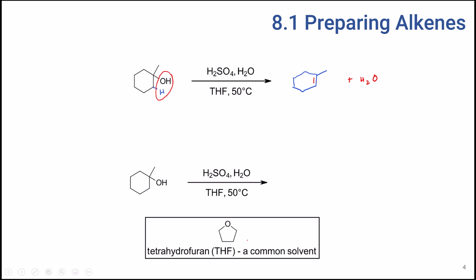And it looks like we have the same reaction twice. This is going to be my major product. And we have another hydrogen that's possible here that can get eliminated. This will be the minor product. What we want is the most substituted alkene, because that one's the most stable one.